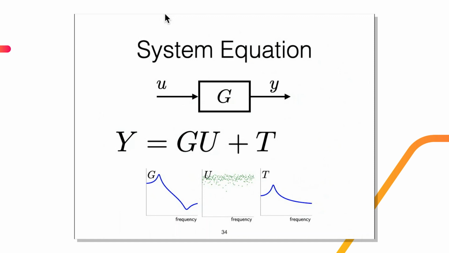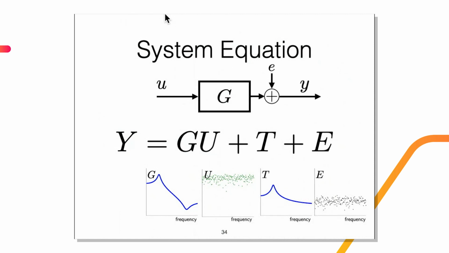That's why the dip in the transfer function is not there in the transient term. We also have some noise, and then the output spectrum is, of course, the sum of all these things. The whole idea in transfer function estimation is to use the input and output spectra to estimate the transfer function and transient term, taking into account the fact that there might be some noise.